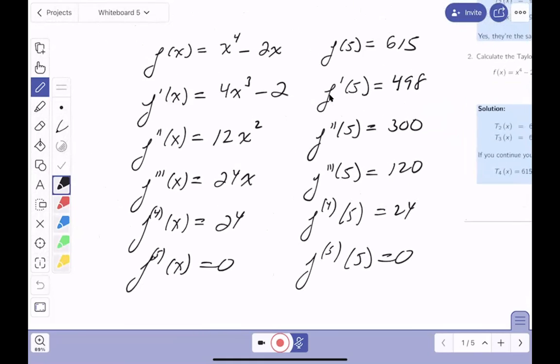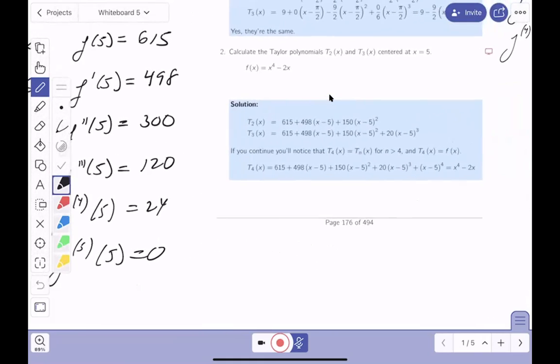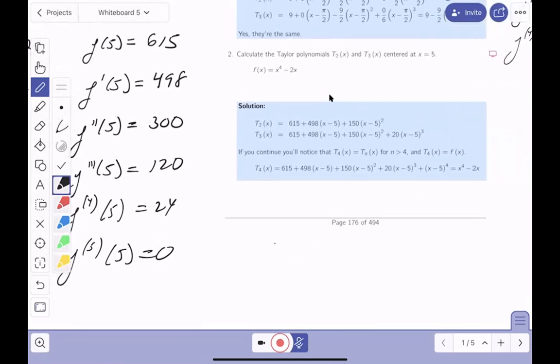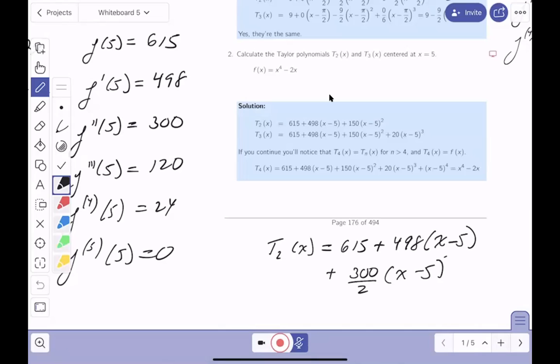Let's write this down. And I want to keep my eyes on this over here. So I'll write T2 down. It's going to be f of 5, which is 615, plus f prime of 5, which is 498, times (x minus 5) to the first power, plus, what's next going to be 300 over 2 factorial times (x minus 5) squared.